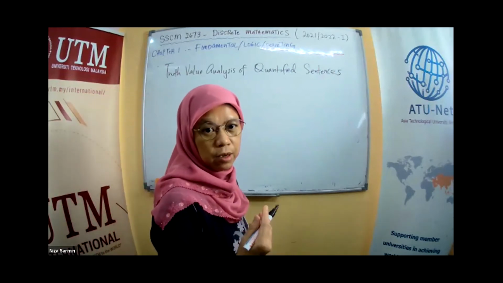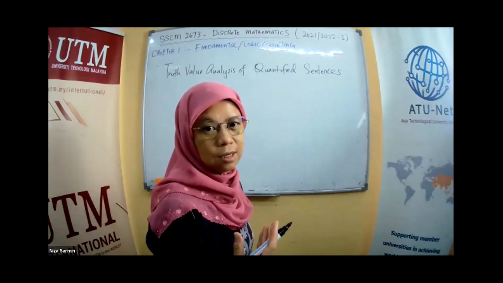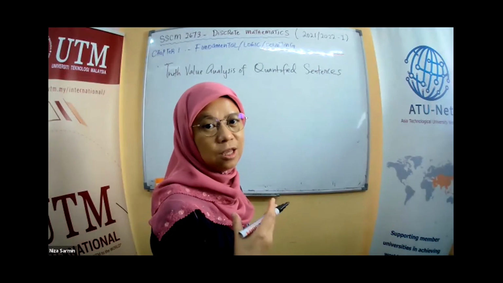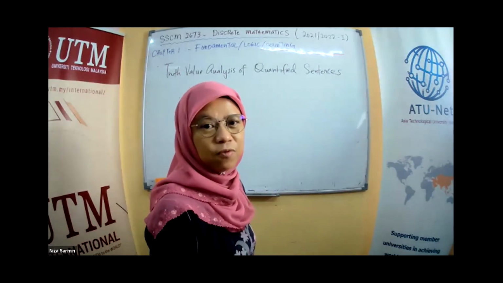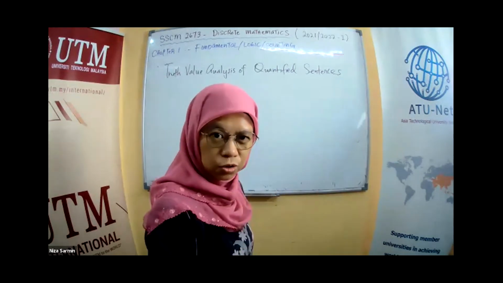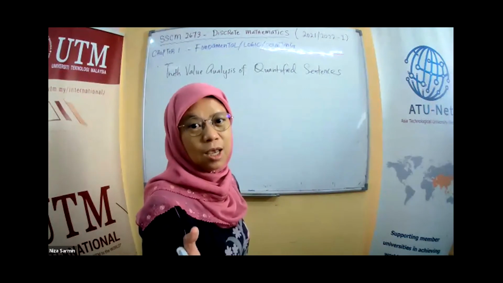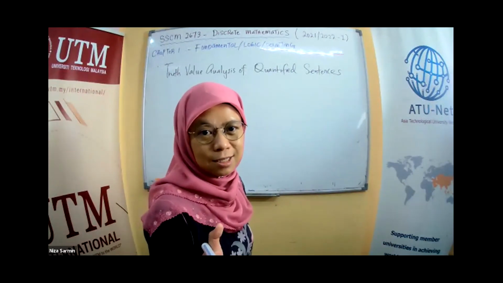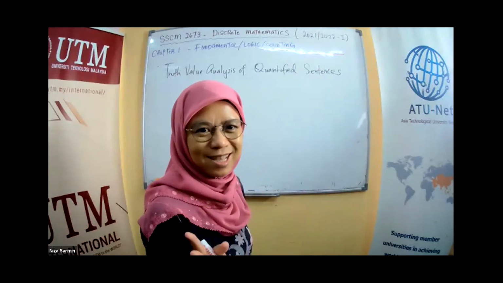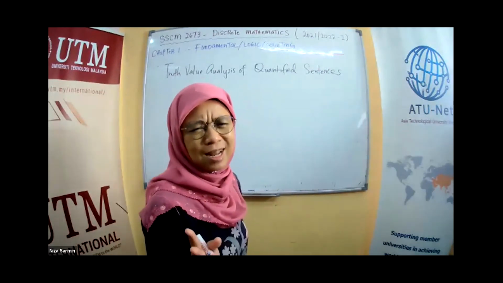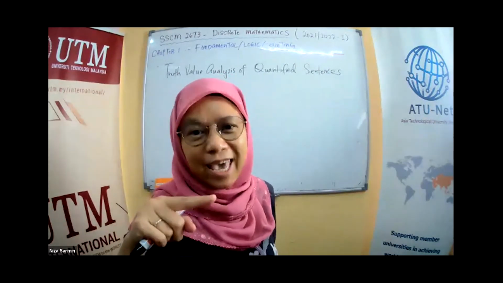We have to have a solution set for the statement, whether it's existence or for all. If it is for all, then you have to find all true before the truth value is true. If it's only existence, at least one is true, then it's true. It's just that simple.